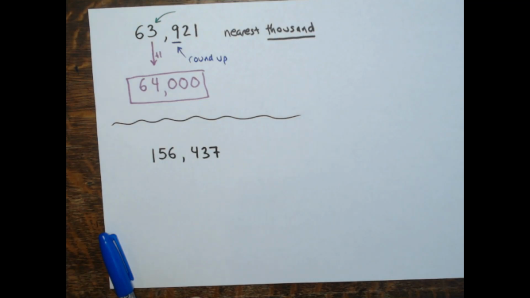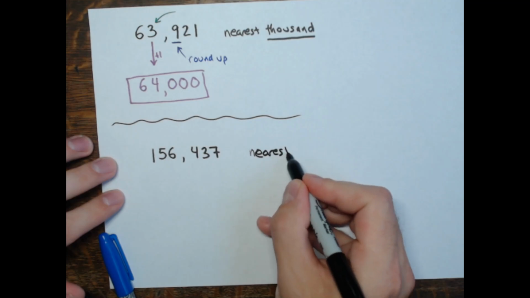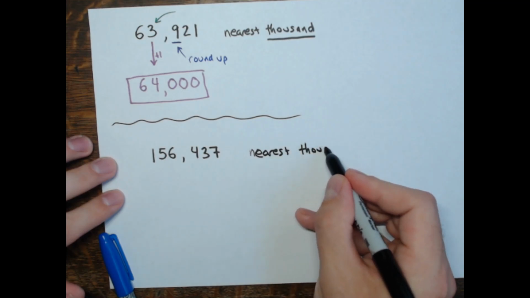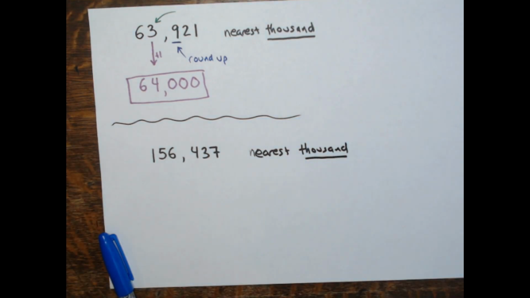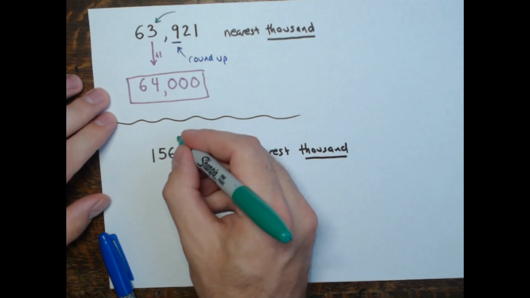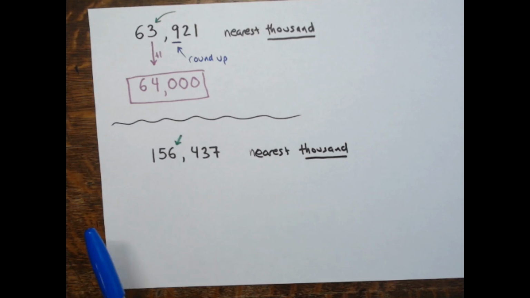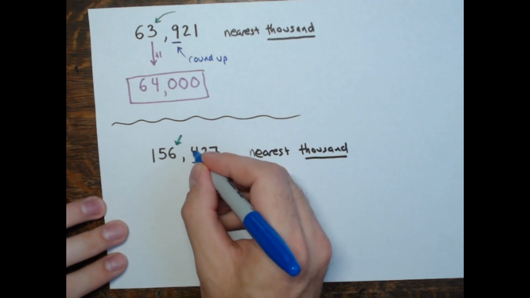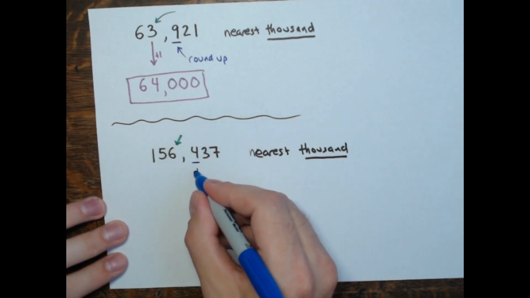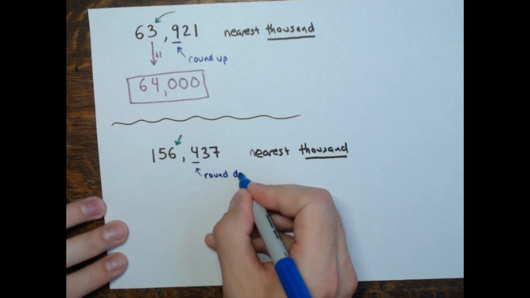156,437 to the nearest, once again, to the nearest thousand. Right, so they're telling us to the nearest thousand. So where's the thousands place? This 6 digit is in the thousands place. Underline the one directly to the right of that, in the hundreds place here. This is less than 5, so we round down.